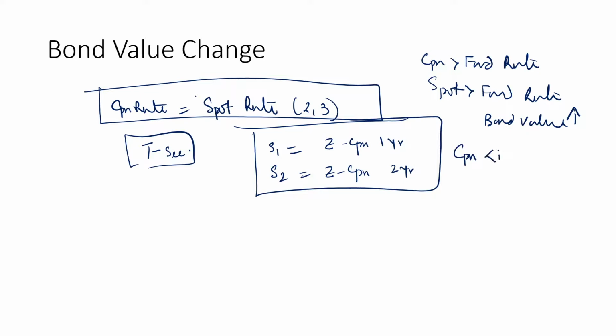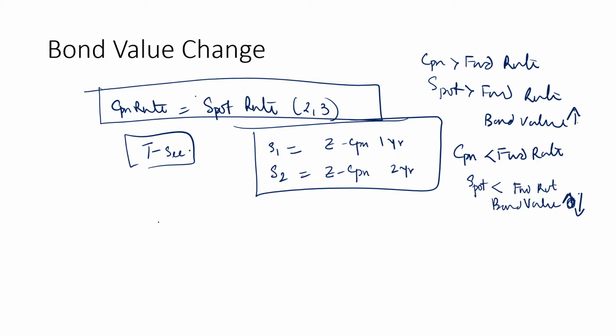If the coupon is less than the forward rate, that means the spot rate is less than the forward rate, the bond value decreases. Bond value decreases. Okay. Now, again, on what basis?